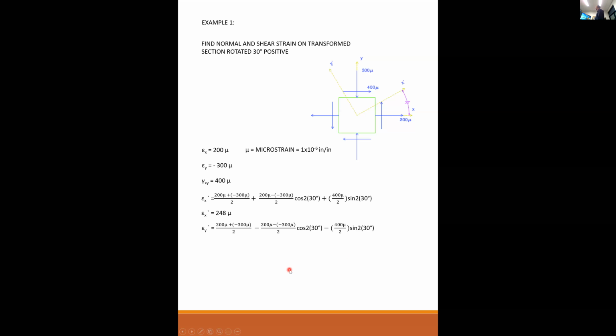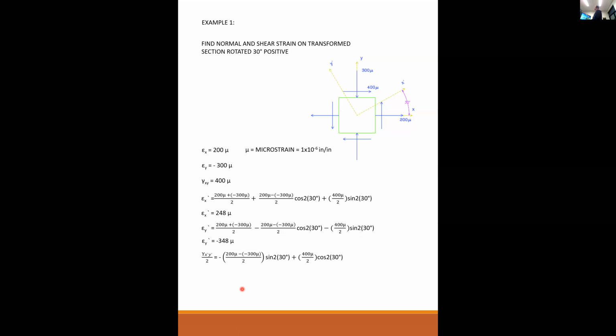Epsilon y prime is very similar, but it's minus here: 200 minus 300 over 2 cosine of 2 times 30, minus 400 over 2 sine of 2 times 30. So epsilon y prime is minus 348 mu.